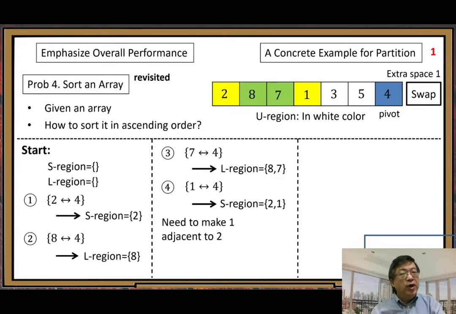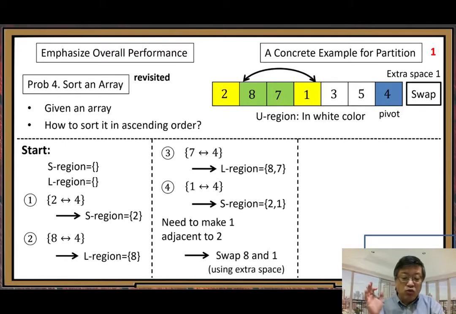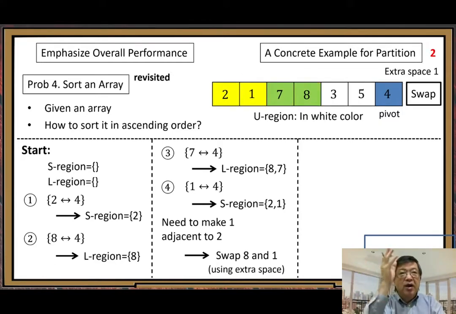When we do it, we want to make a very simple operation to get that. So what is that simple operation? Here you can see we just do a swap operation. Swap element 8 and element 1. After that swap, you can see we put element 2 and 1 at adjacent locations.